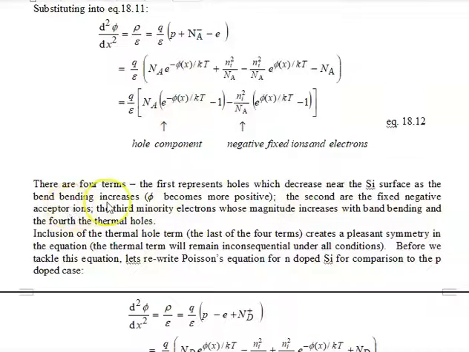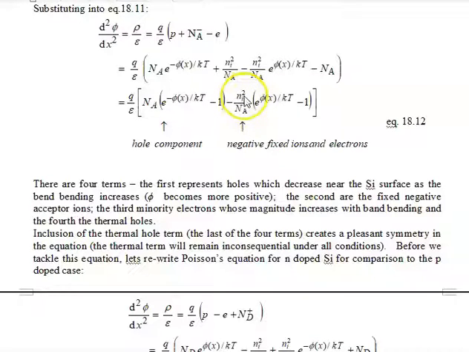Let's see, the second are the negative fixed acceptor ions. That's this term over here. The third, this is a really important term, these are the electrons at the surface, and these will not start to kick in until phi becomes really, really big, because this term here is really, really small.